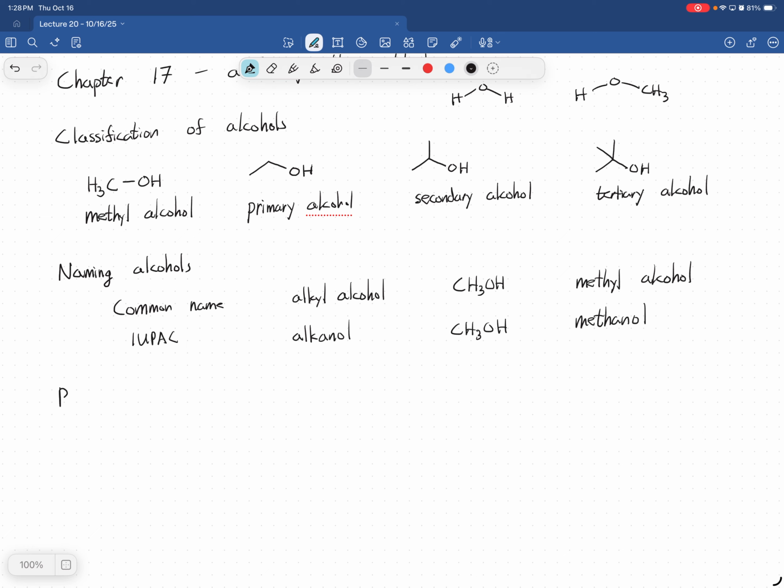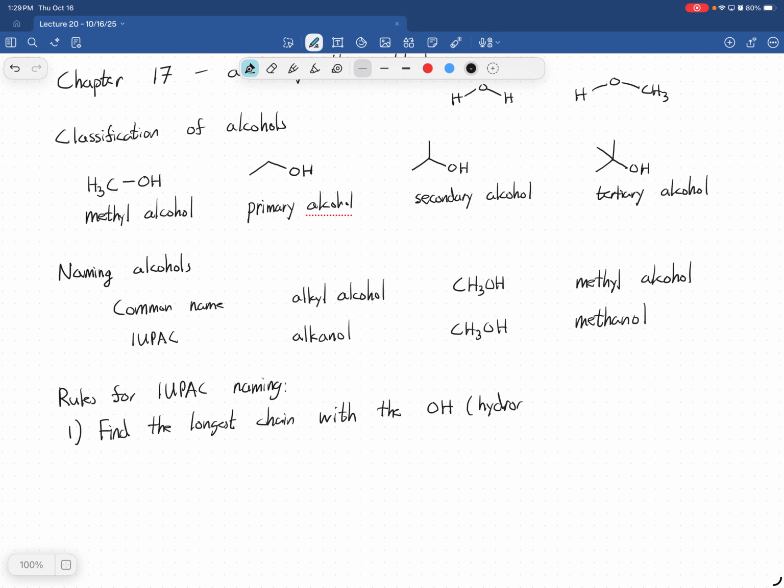All right, so here are the rules for naming alcohols. Rules for IUPAC naming. Number 1, you must find the longest chain with the OH group.